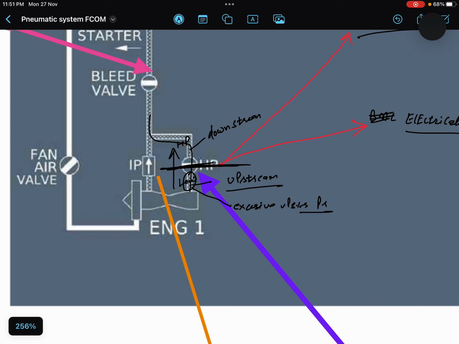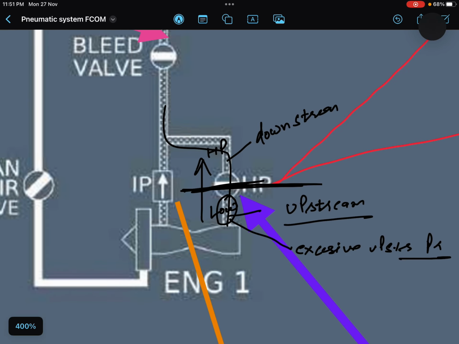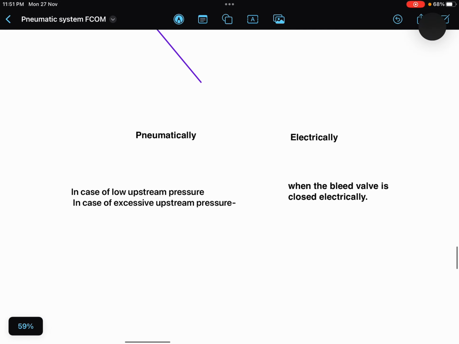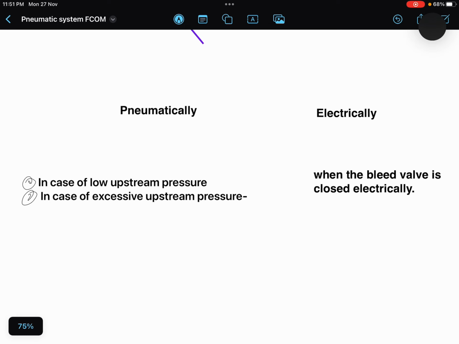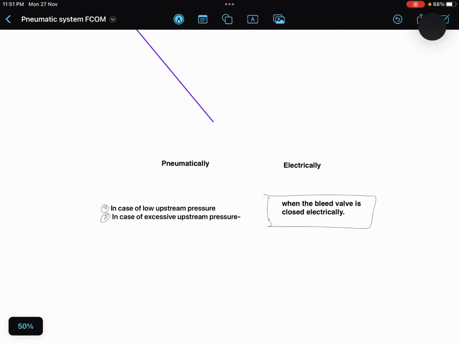If it is excessive, then this HP valve should be closed, right? So these are the two conditions of HP valve closure. You can take a screenshot of it. So pneumatic closure, two conditions, and electric closure is similar to the bleed valve closure conditions.